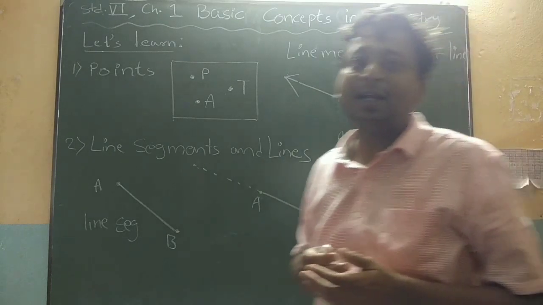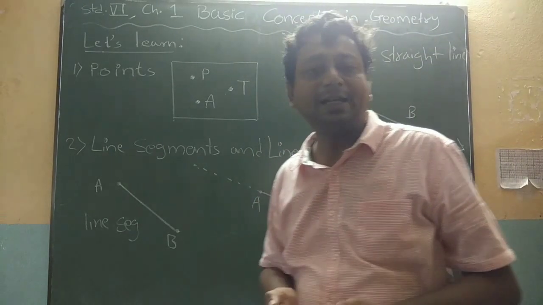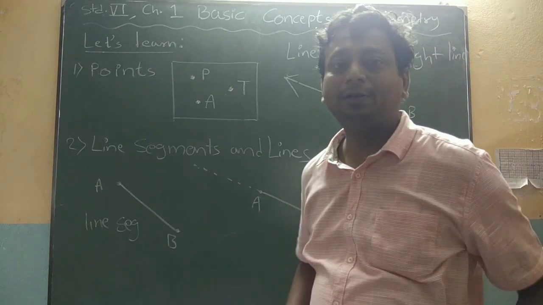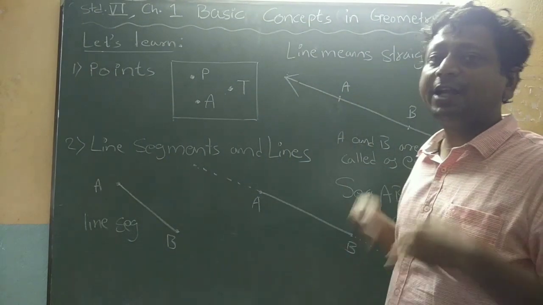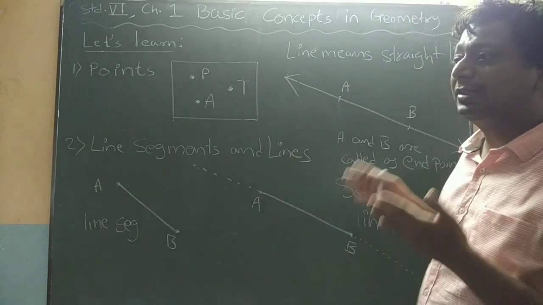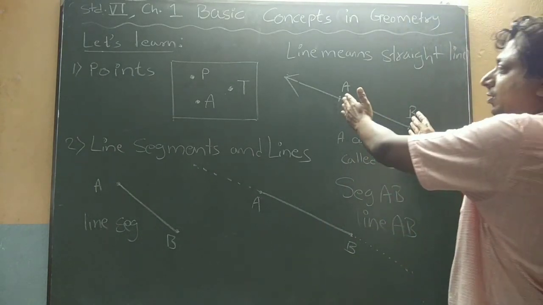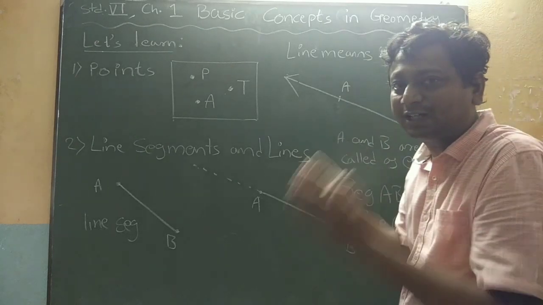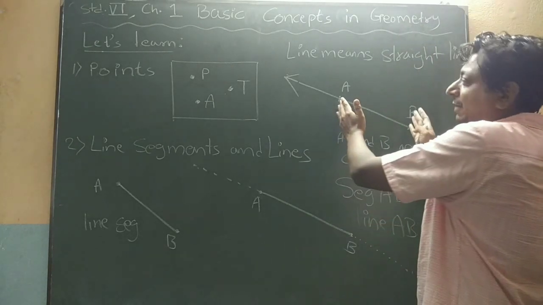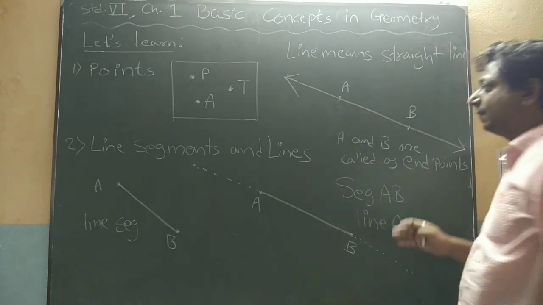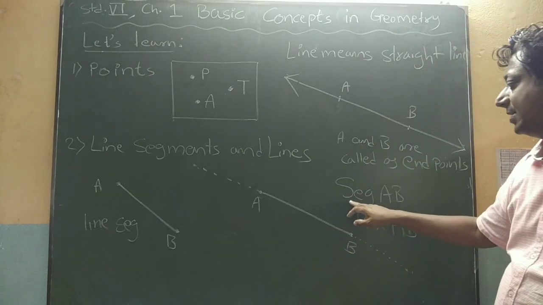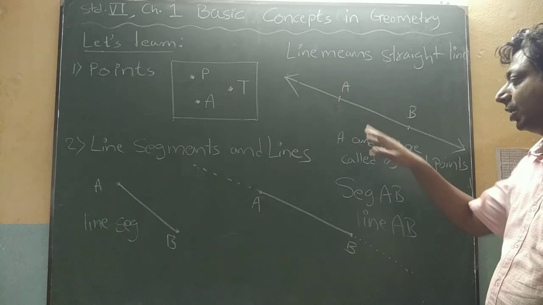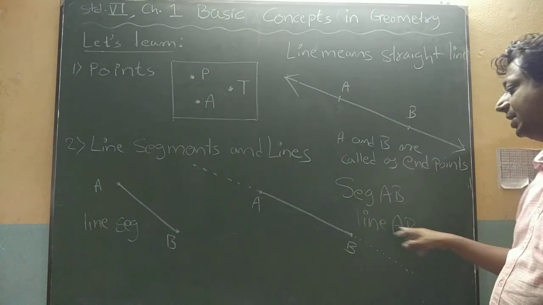Those will be called segments. So remember, when we are talking about a line, it has no end point. We have to show arrows. When we are talking about a line segment, we are talking about some specific part of that line. It will have end points like A and B. While talking about a line segment, we have to say segment AB, and while talking about a line, we have to say line AB.